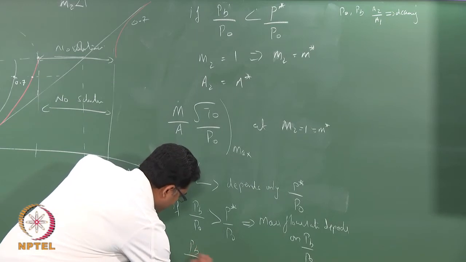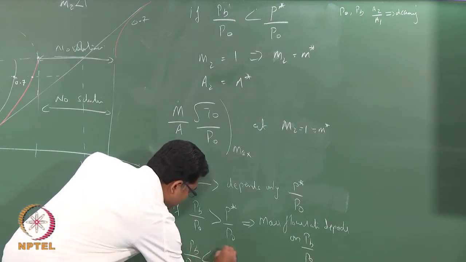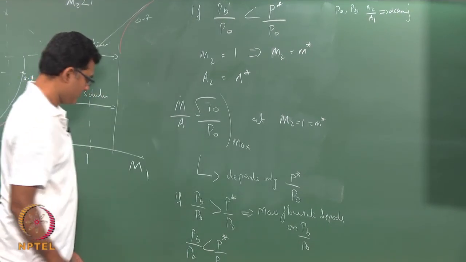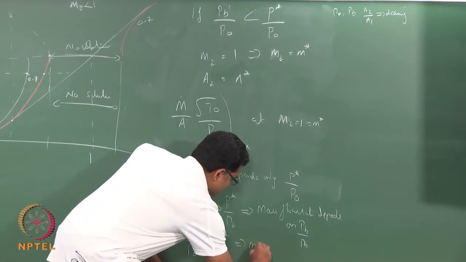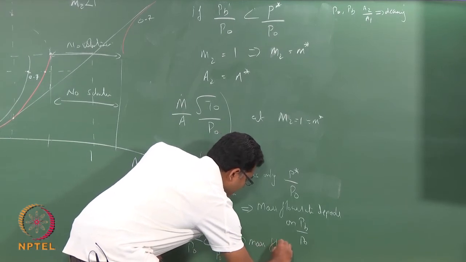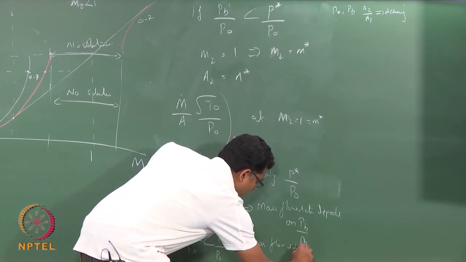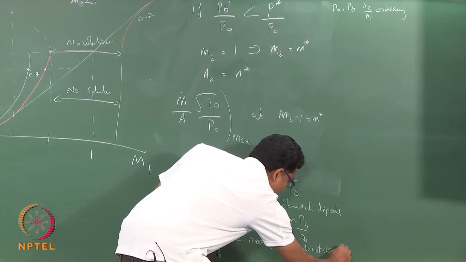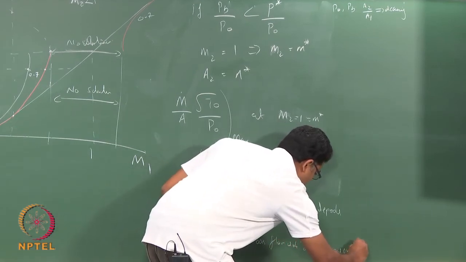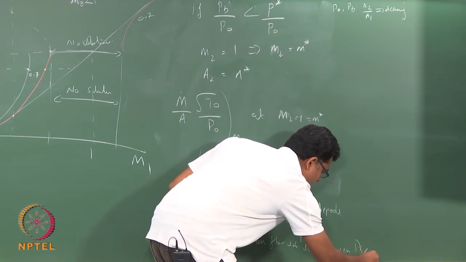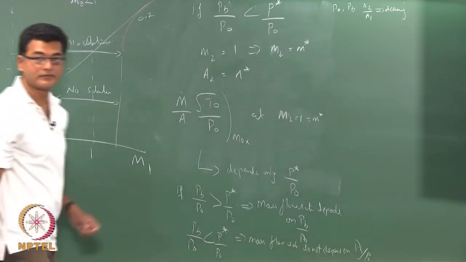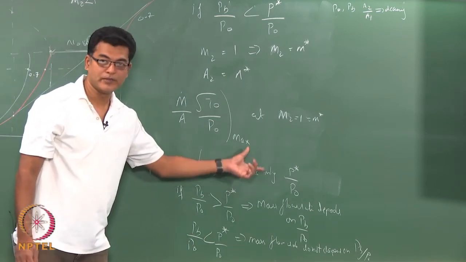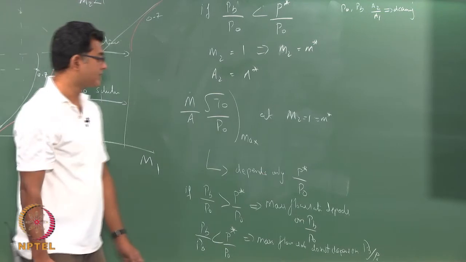If Pb by P0 is less than P star by P0, then the mass flow rate does not depend on Pb by P0. Okay, so, the maximum mass flow rate will depend only on your P star by P0.